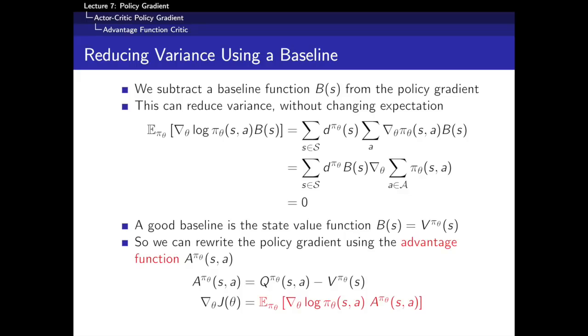This is a probability distribution, so it must sum to 1. So now we have the gradient of 1. The gradient of a constant is always 0. And so we see that this whole term is actually 0. This whole term that we're adding or subtracting is zero mean. It has zero expectation. Okay? So it's completely legitimate to add or subtract any term of this form.